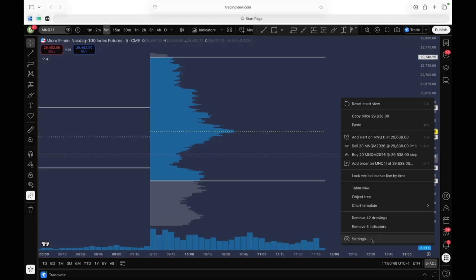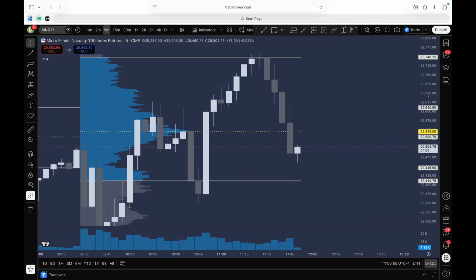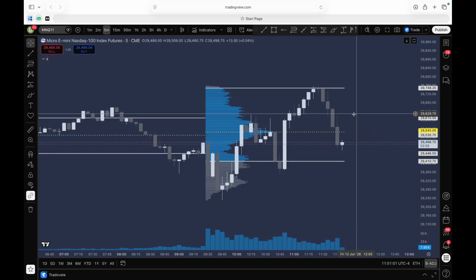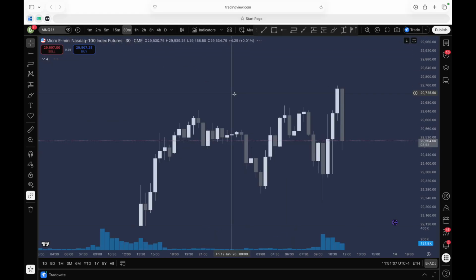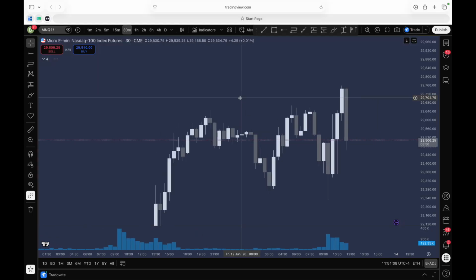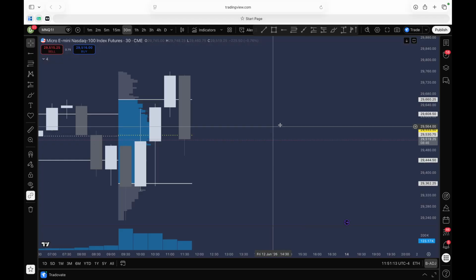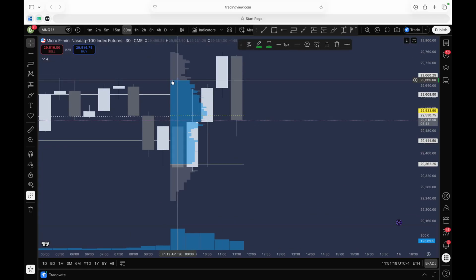One thing I'll note is that if you trade using TradingView, you have to be very careful with the volume profile because TradingView doesn't go off of tick data. You can see the levels will get shifted. Ideally, a volume profile should have the same value area high, low, and point of control at every time frame, if it's based off tick data.